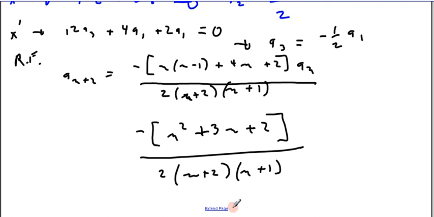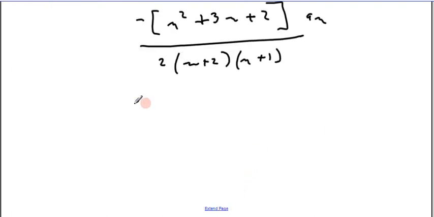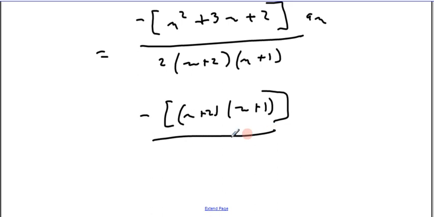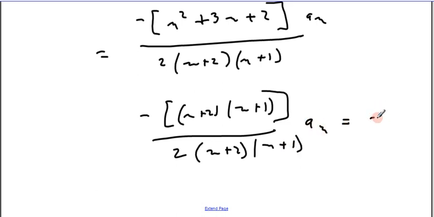Okay, that seems reasonable. And there's an an standing there. Okay, and I look at it again and I factor this guy: minus (n plus 2)(n plus 1) divided by 2(n plus 2)(n plus 1), an, and that comes out to minus an over 2.